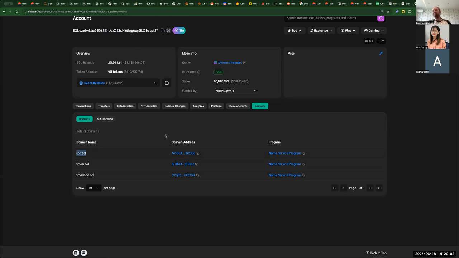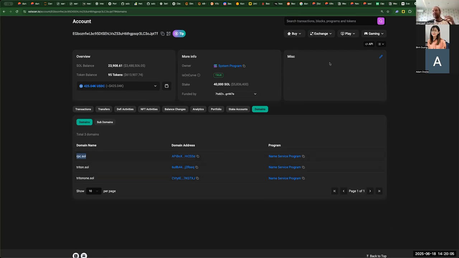But I guess it's not the only way you can understand it. It's not only domains. Sometimes there are other ways. For example, it's well-known information. Arkham is collecting different types of information, so it could just be labeled there, or sometimes you can see labels on Solscan which are not directly taken from the blockchain information, but from public sources.